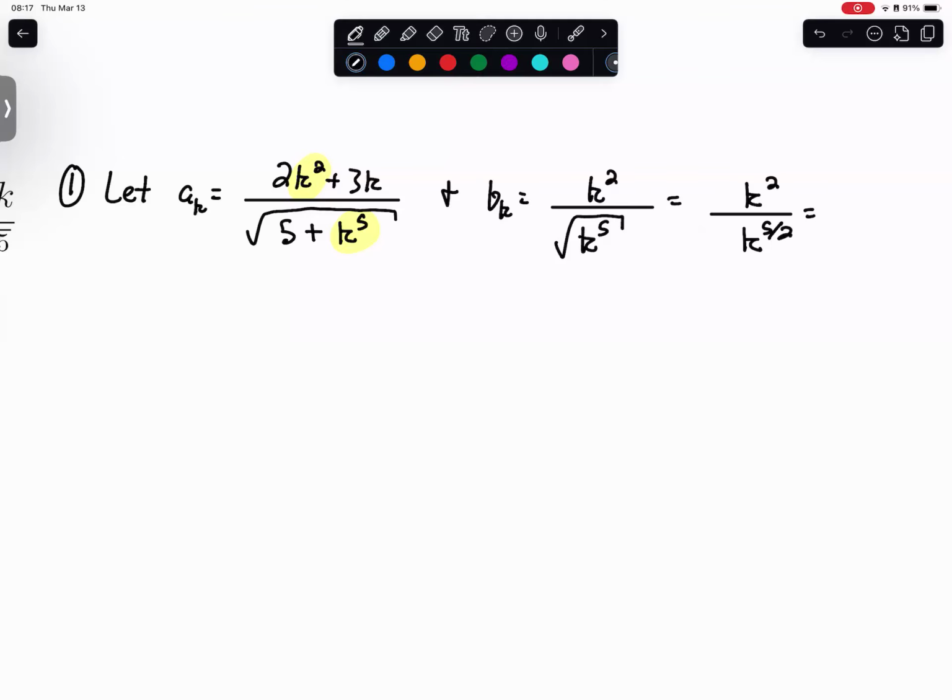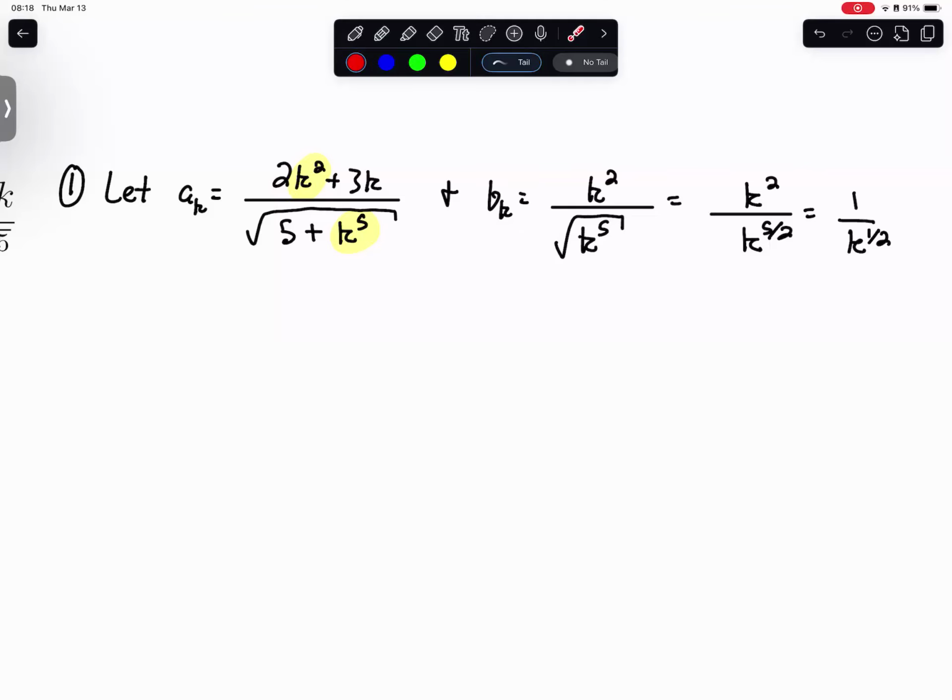Now, one thing that's also different compared to the direct comparison test, I highly encourage you to simplify your BFK as much as you can before we keep on going. So in this case, I'm going to go ahead and simplify BFK to 1 over k to the 1 half. Also, another thing to keep in mind, notice I ignored that coefficient of 2.